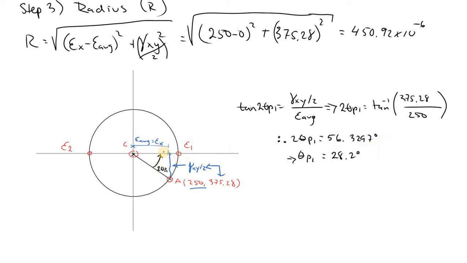If we look at the direction which element A needs to turn in order to come towards the principal strain, the transformed element, it's counterclockwise.